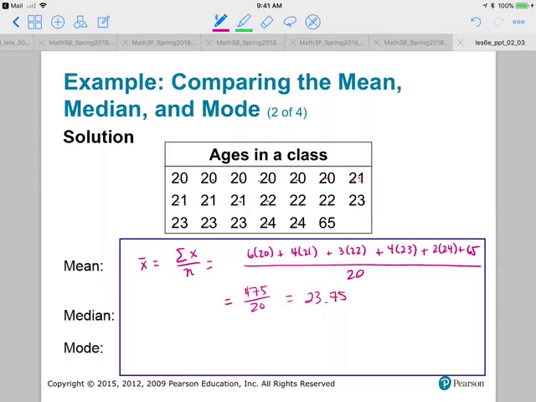Okay, 23.75 years. So that is the median. Sorry, that's the mean. What about the median?